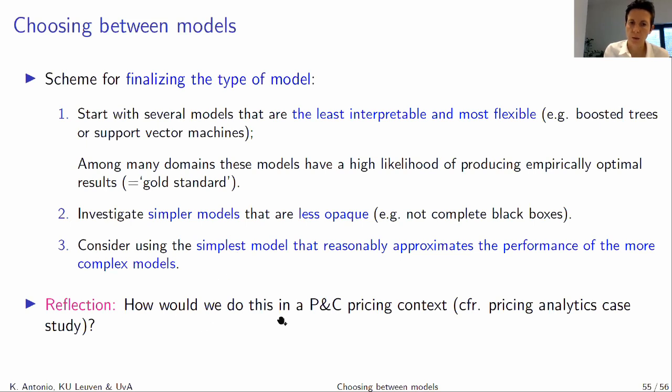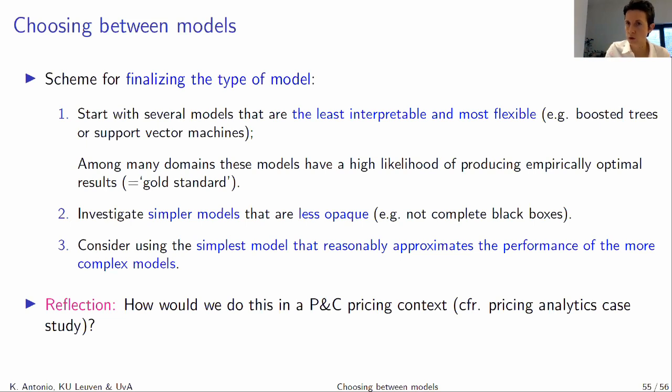We'll see how to do this in our claim frequency examples. In fact, we already did that to a certain extent in the pricing workshop that we discussed earlier on. There we went for a more flexible model, that was the GAM. And then we tried to approximate it with a GLM.